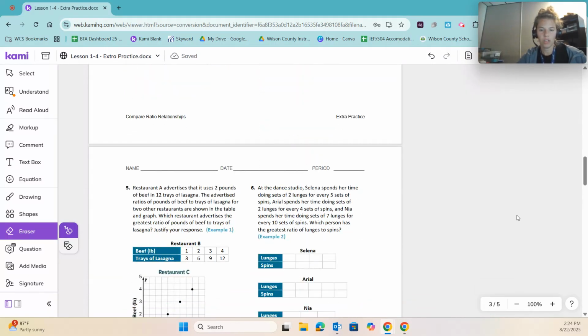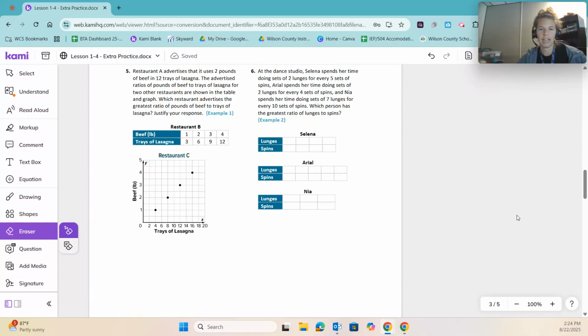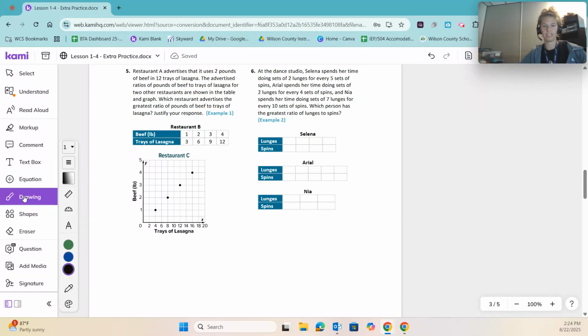Okay. One other type of problem we're going to take a look at here is number 6. At the dance studio, Selena spends her time doing sets of 2 lunges for every 5 sets of spins. Ariel spends her time doing sets of 2 lunges for every 4 spins. And Nina spends her time doing sets of 7 lunges for every 10 sets of spins.